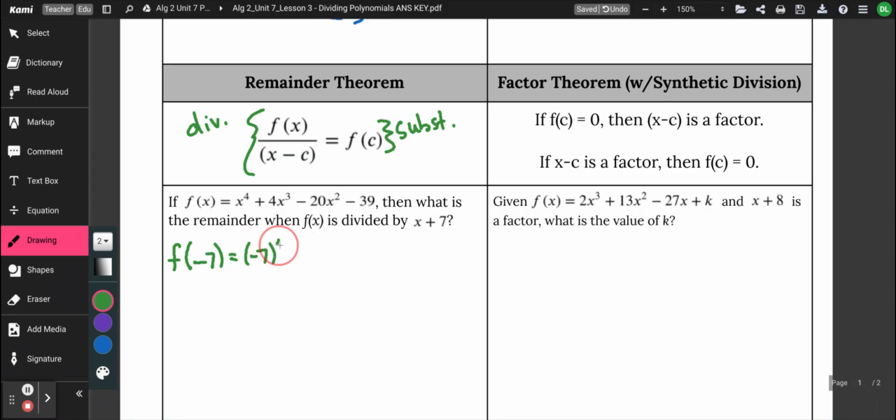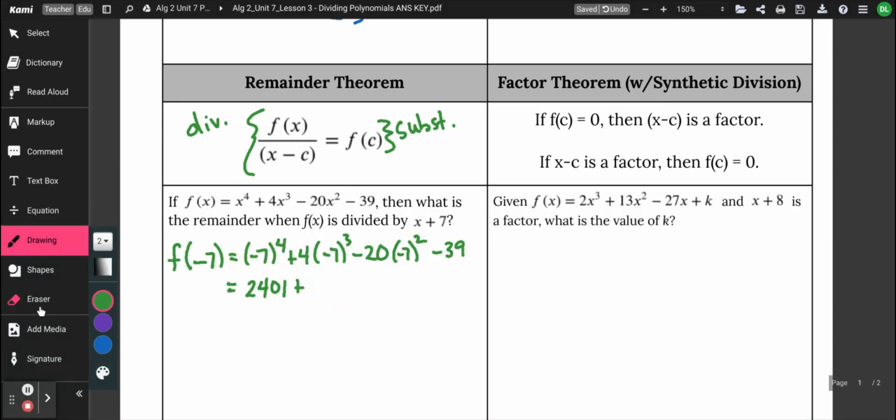Everywhere that x is, I'm going to substitute in negative 7. So I have negative 7 to the fourth plus 4 times negative 7 cubed minus 20 times negative 7 squared minus 39. Negative 7 to the fourth power is 2,401.